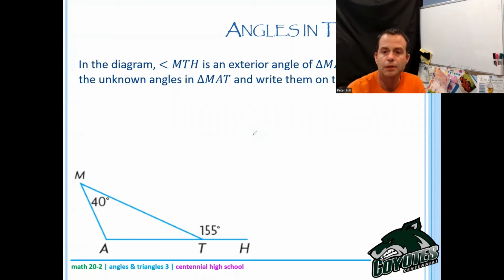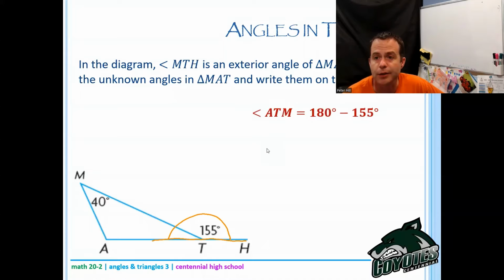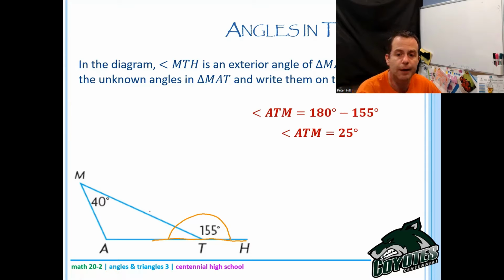I know that these two angles form this straight line, and therefore they have to add up to 180. So I'm going to use that and figure out what that angle is. Angle ATM is 180 minus 155, which means angle ATM has to be 25 degrees. So now I know that this in here has to be 25 degrees.